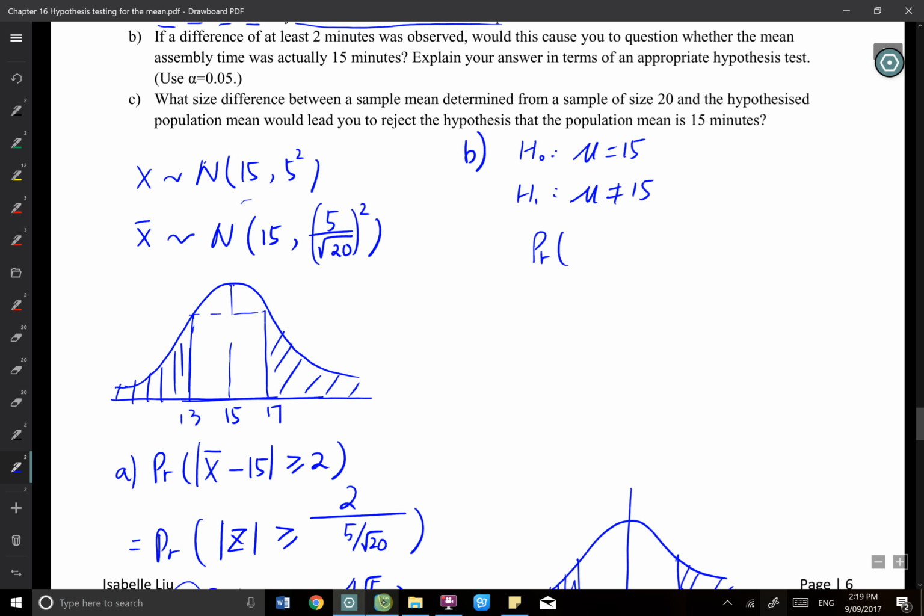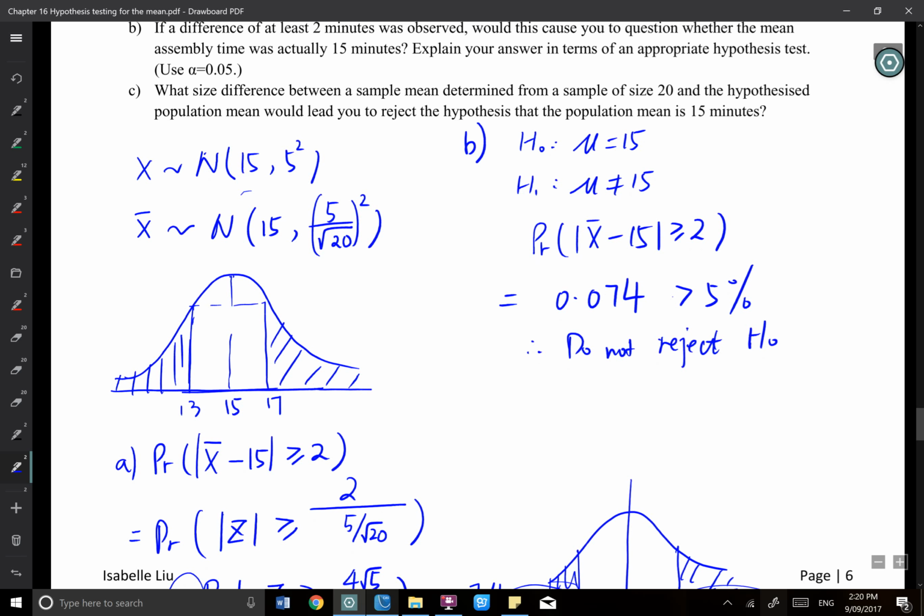So it's the probability x bar minus mu is greater or equal to 2. That's what you observe: 2 minutes different and beyond. What you get is a two-tailed test, so that probability is 0.074. That is greater than 5%, so do not reject. Because at least 2 minutes gives you something that's really large.